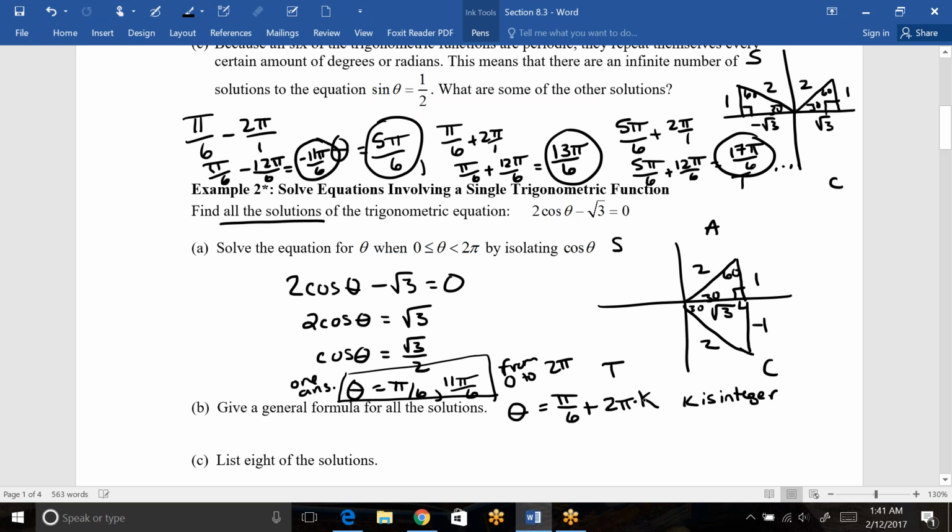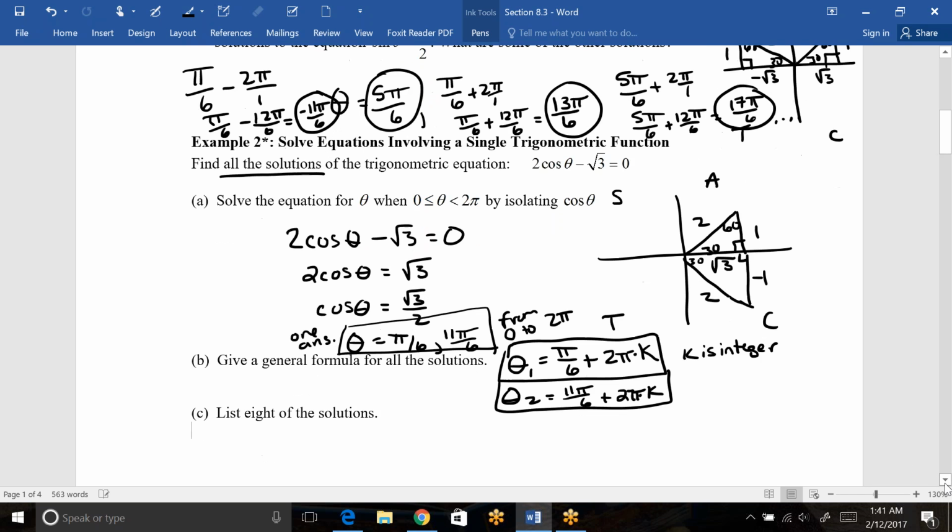It's just telling us either add so many times around or subtract so many times around. So that would be one solution, and that is an infinite number of solutions because integers go on forever. Theta 2 would be the same scenario except you start with the 11 pi over 6, since it is actually a different location.